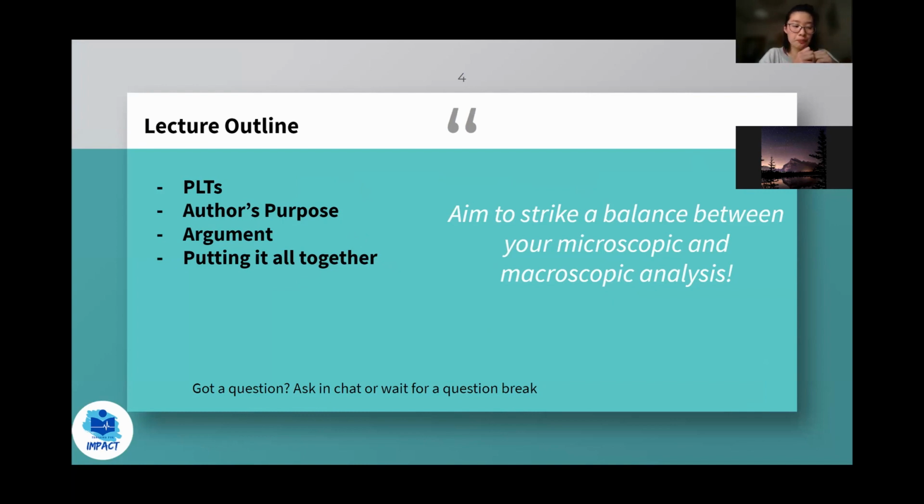But a good analysis will incorporate a balance of the macro, in terms of the author's purpose, the main arguments, the issues, and the relationship with the audience, which is really key. So let's jump on to the persuasive language techniques.